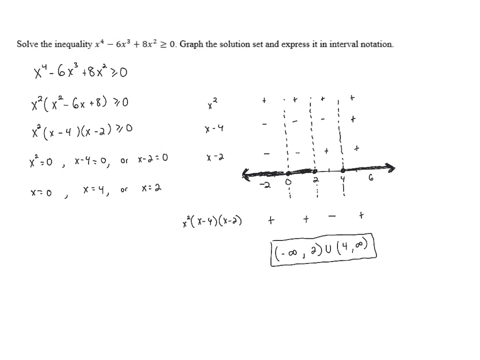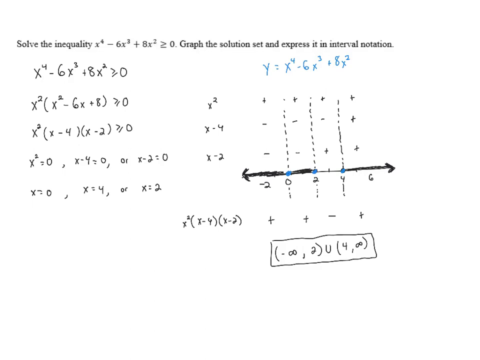If we were to sketch a quick graph of the polynomial y equals x to the fourth minus 6x cubed plus 8x squared, we know that that is going to be equal to 0 at these 3 points, because these were the critical numbers.